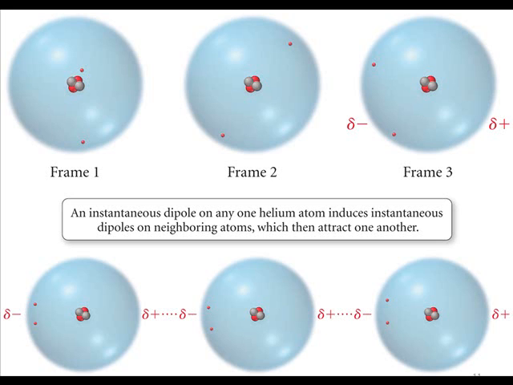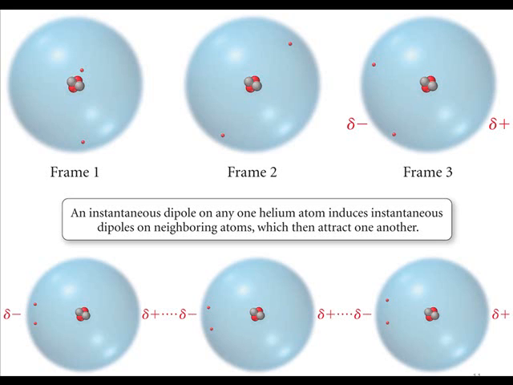In frame 1, you could see that the red dots, which are the electrons in the cloud, are unequally distributed, one closer in, one further out. And then you have in frame 2 a clearly equal distribution, but then in frame 3 you have a momentary unequal distribution, which by chance the 2 electrons are hanging out on one side, and in that instant that region is a polar negative, and in that instance you have a polar positive.